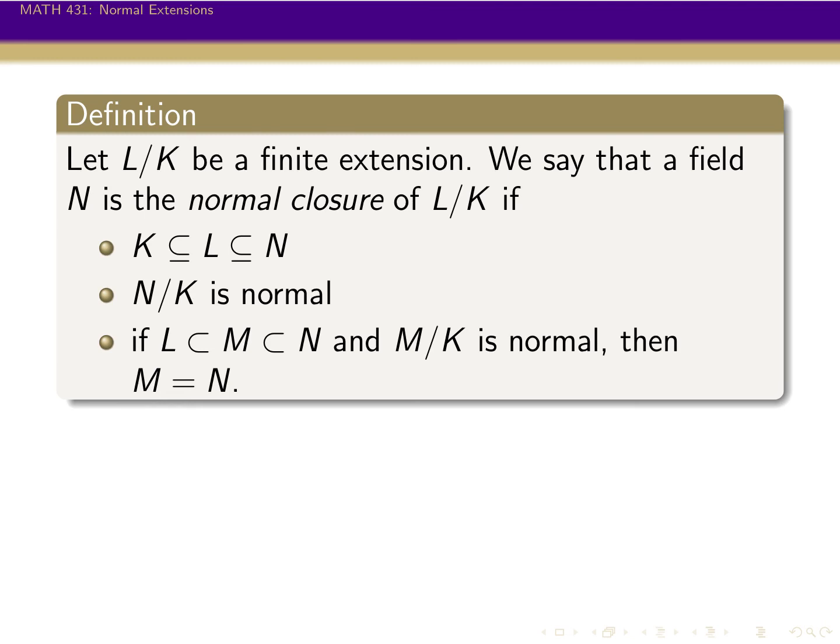If L over K is a finite extension, then we say that the field N is the normal closure of L over K if N contains both L and K, N is normal over K, and it really is the smallest normal field that contains L and K. So if M is in between L and N, and M over K is normal, then M is equal to N.